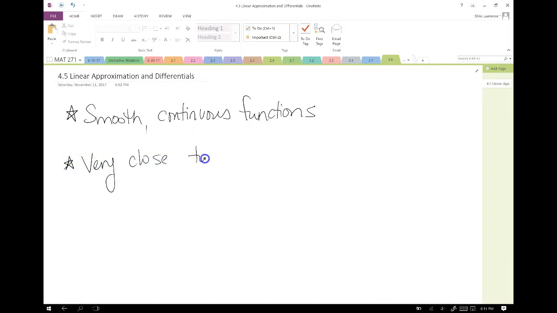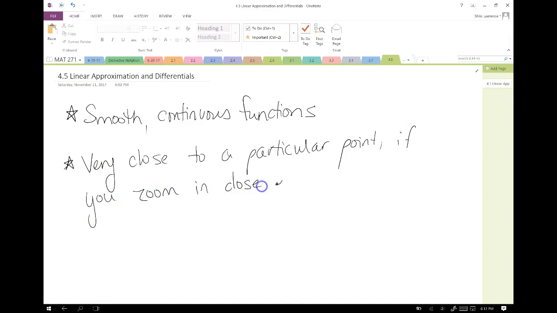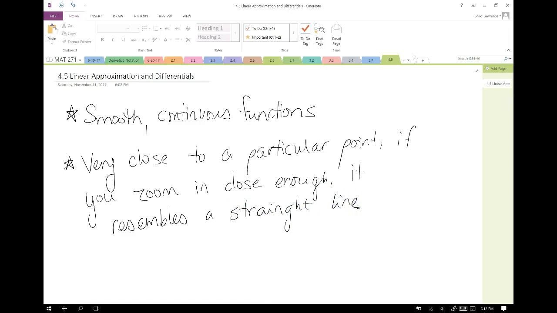So very close to a particular point, if you zoom in close enough, it resembles a straight line. And the slope of that line is the same as what the slope of our tangent line would be.